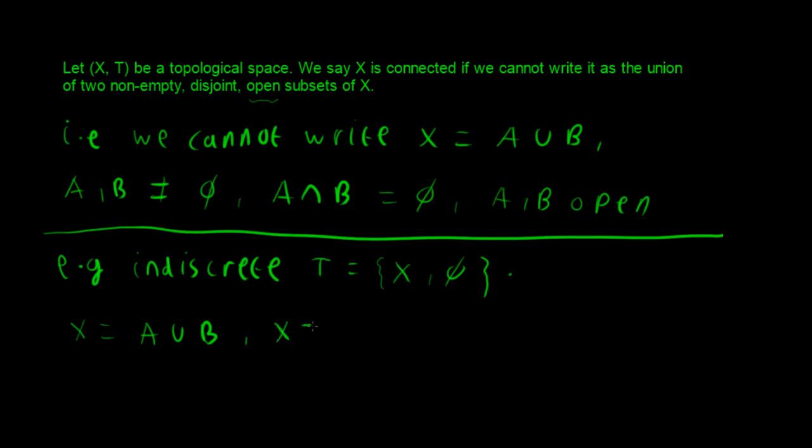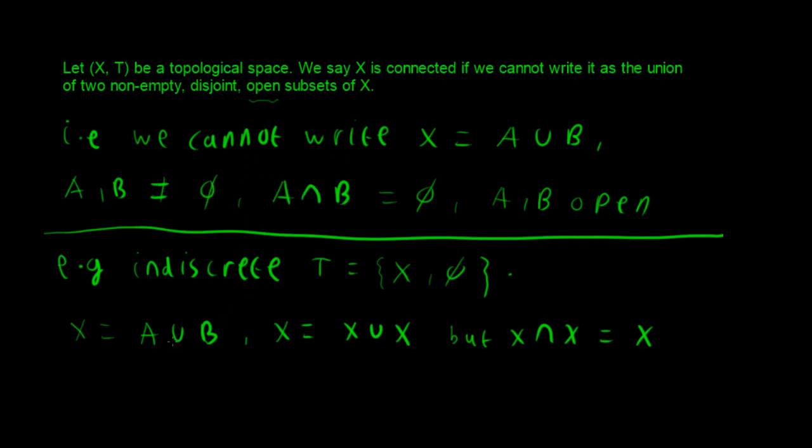And yes, I can write X is X union X, but if X is non-empty, then it's not going to be disjoint because X intersect X is just X. So if X is not empty, then this is non-empty, so they wouldn't be disjoint. And obviously if X is empty, then we have the same problem, because I insisted that A and B had to be non-empty.